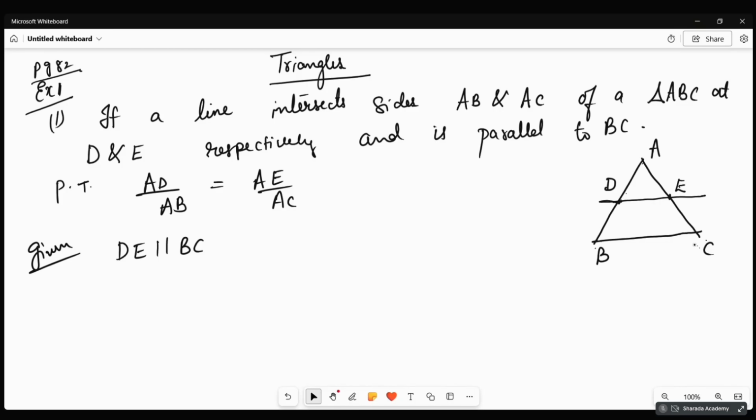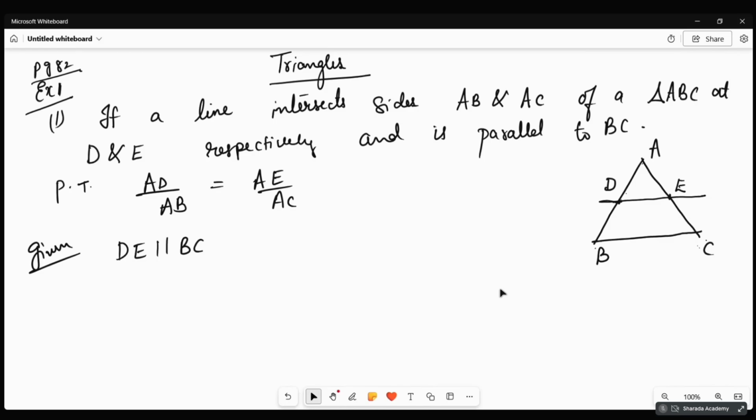Since DE is parallel to BC, that means what? By basic proportionality theorem, AD by BD is equal to AE by EC. We know that, right? Write down fast.